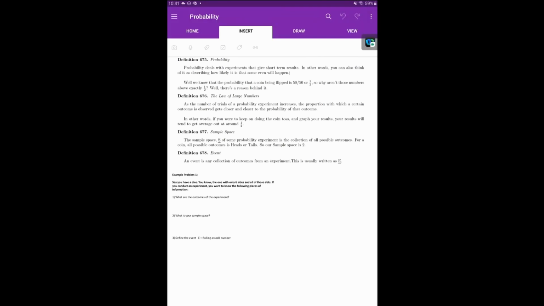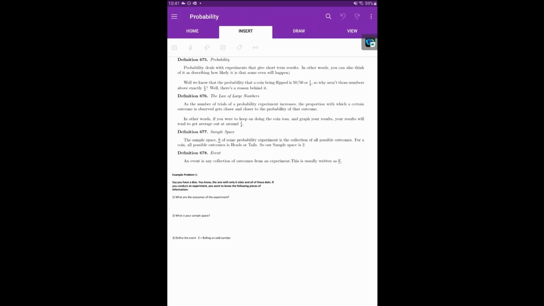Some other pieces of probability: sample space. The sample space of a probability experiment, which we denote as capital S, is the collection of all possible outcomes. For a coin, the possible outcomes are heads or tails, so in this case our sample space would be 2. An event is just a collection of outcomes from an experiment.